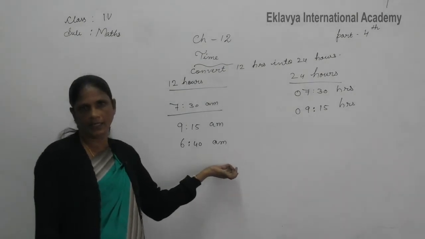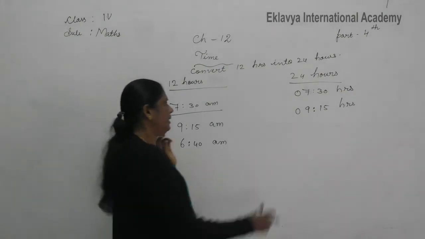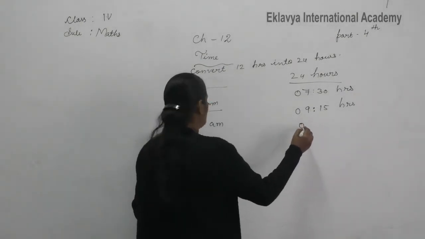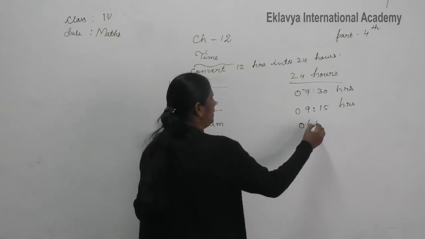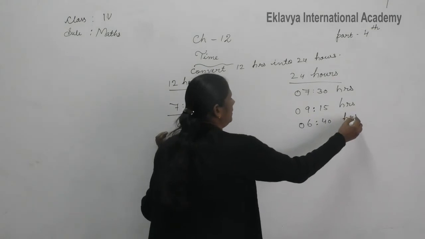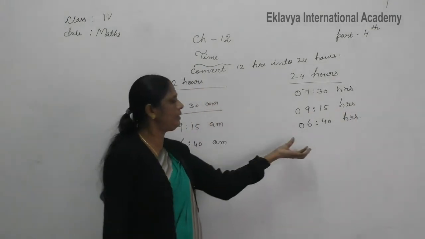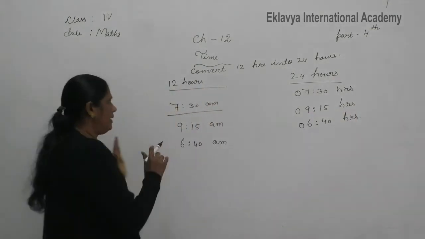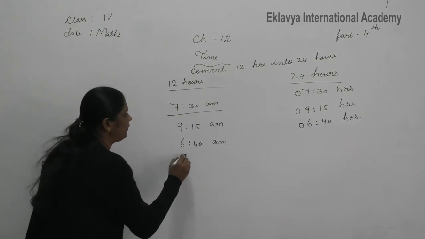How to write? 0, 6, then 40 hours. We are writing together.